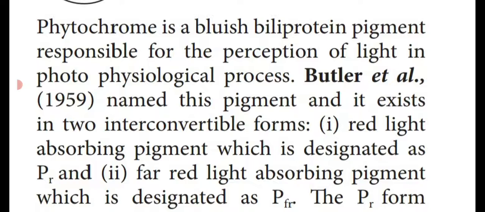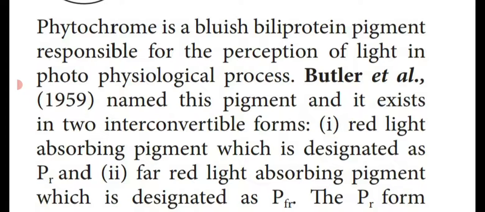It was observed by Butler and his colleagues, and they proved that this blue color pigment phytochrome exists in 2 forms, and these 2 forms are interconvertible, that is, one form is changed into another form.